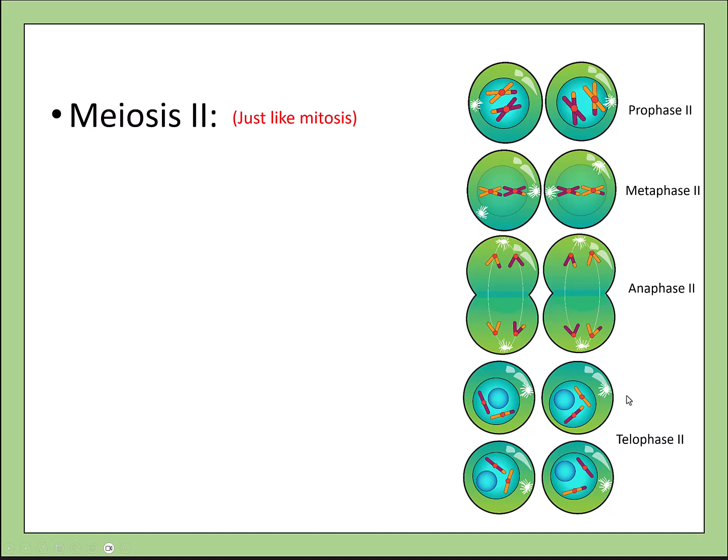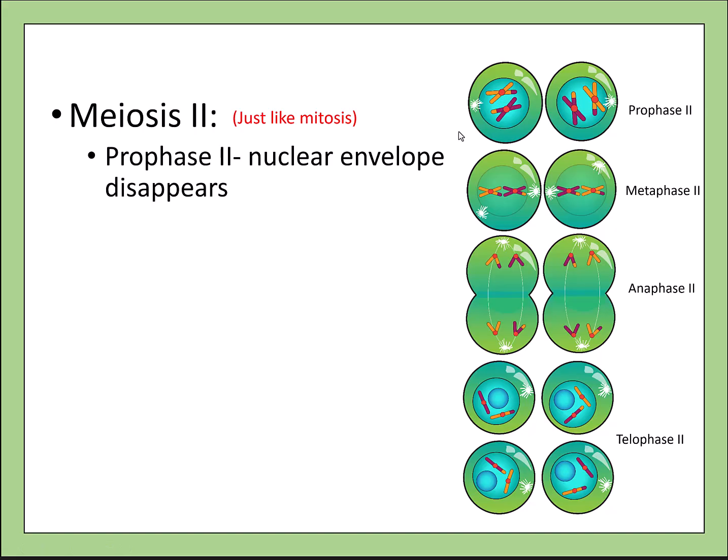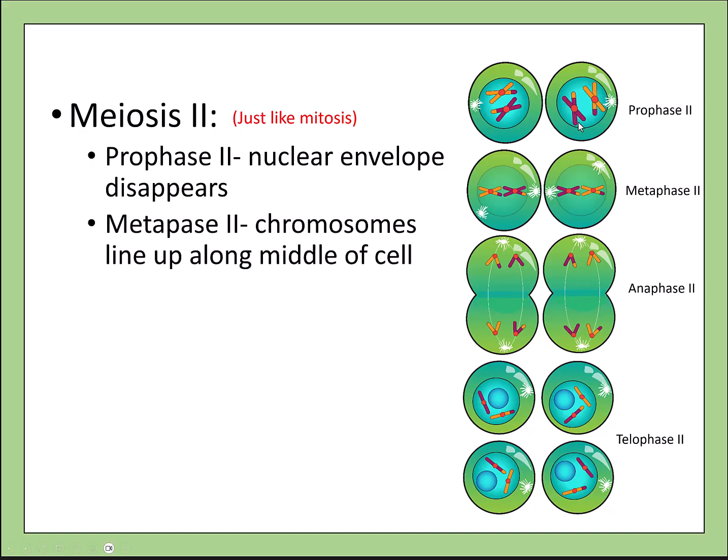In meiosis 2, which is going to be just like mitosis, we now have these duplicated chromosomes, and we're going to separate those chromosomes, separating the sister chromatids on each half of that replicated chromosome. So in prophase 2, the nuclear envelope disappears. In metaphase 2, chromosomes line up in the middle of the cell.